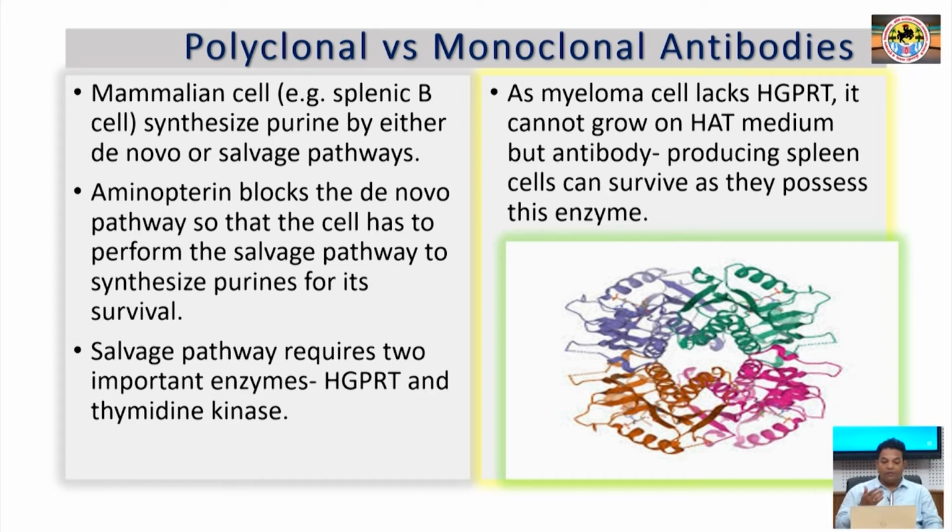Aminopterin blocks the de novo pathway, so that the cell has to perform the salvage pathway to synthesize purines for its survival. Means de novo closed, salvage it will use.